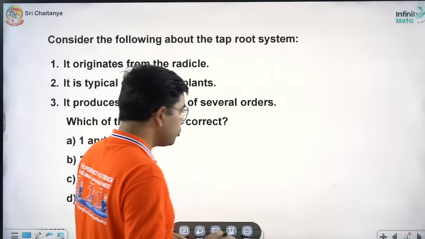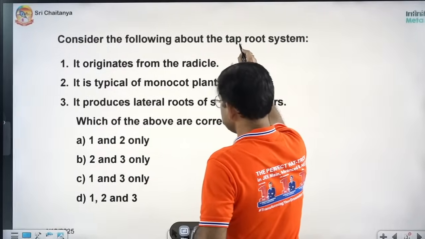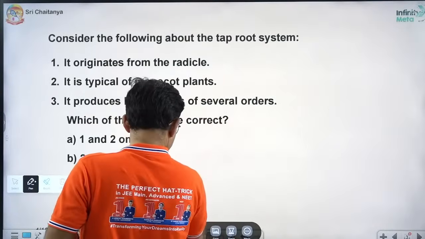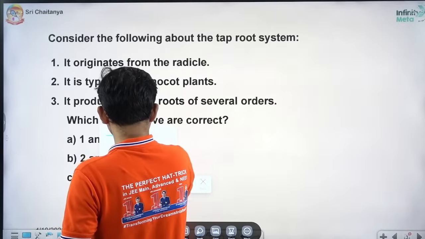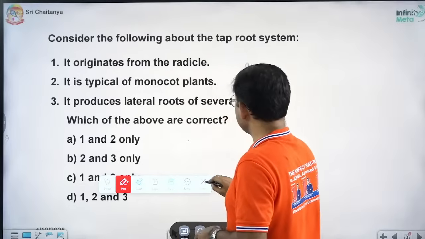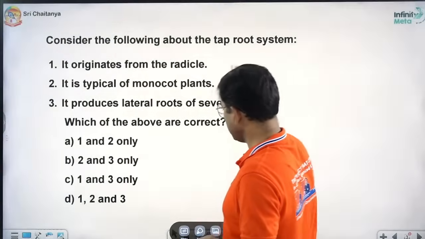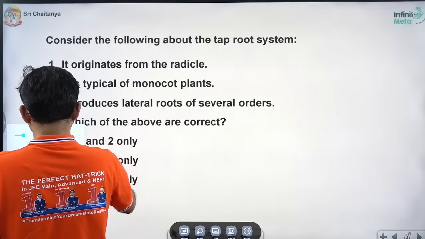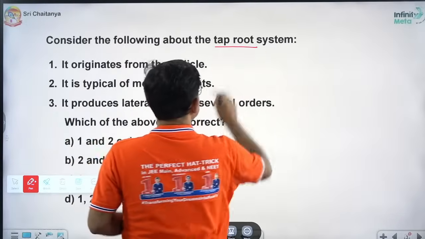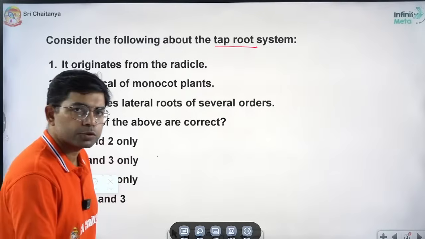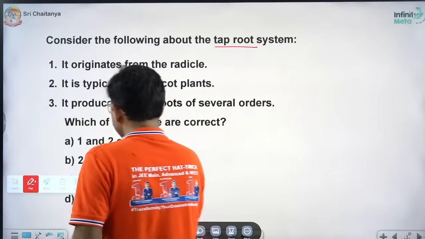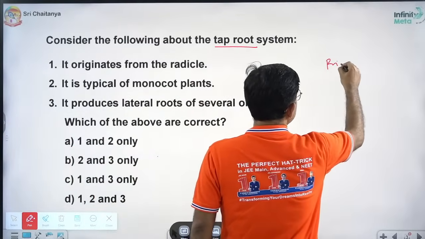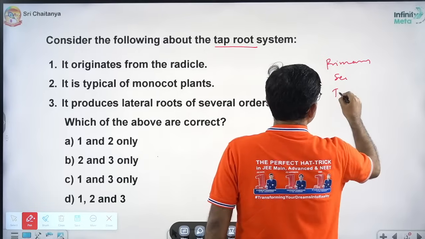So there are two types of root system, tap root system and fibrous or adventitious root system. The tap root system has a primary root, then it has secondary and tertiary roots.